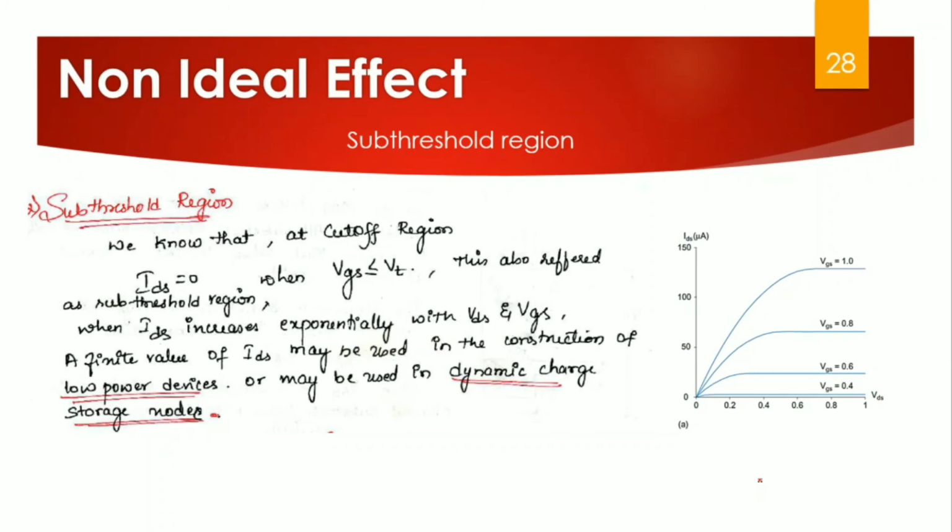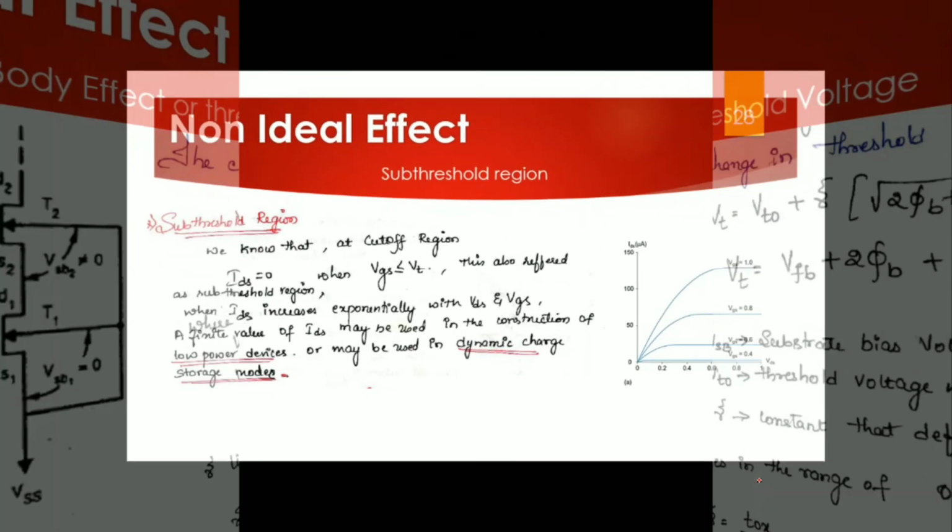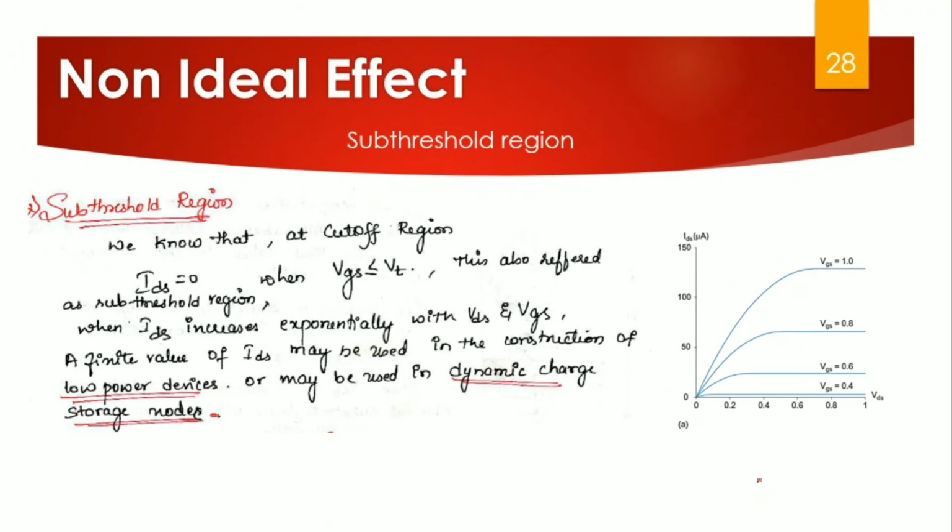The next one is the non-ideal effect called subthreshold effect. What is a subthreshold effect? When the MOSFET is in the cutoff region, there exists a minute amount of current, maybe in terms of microamperes or even less.